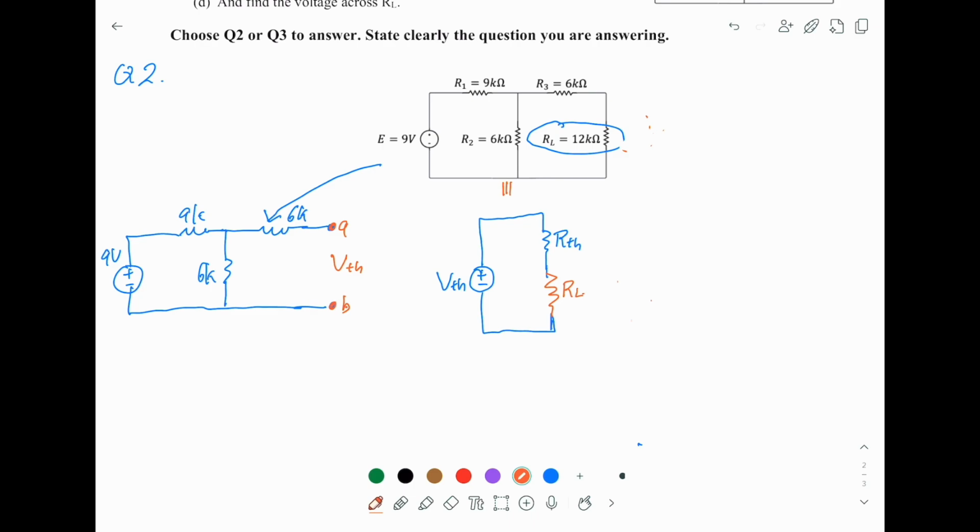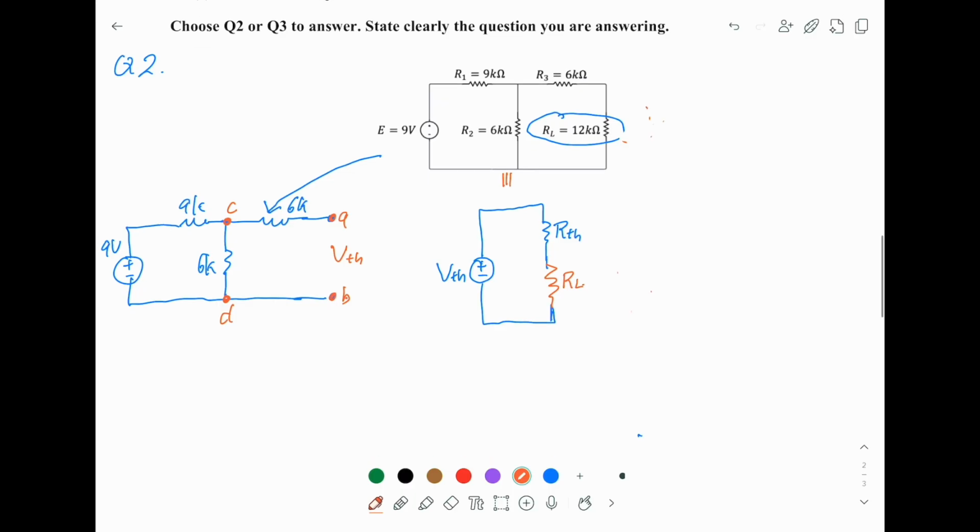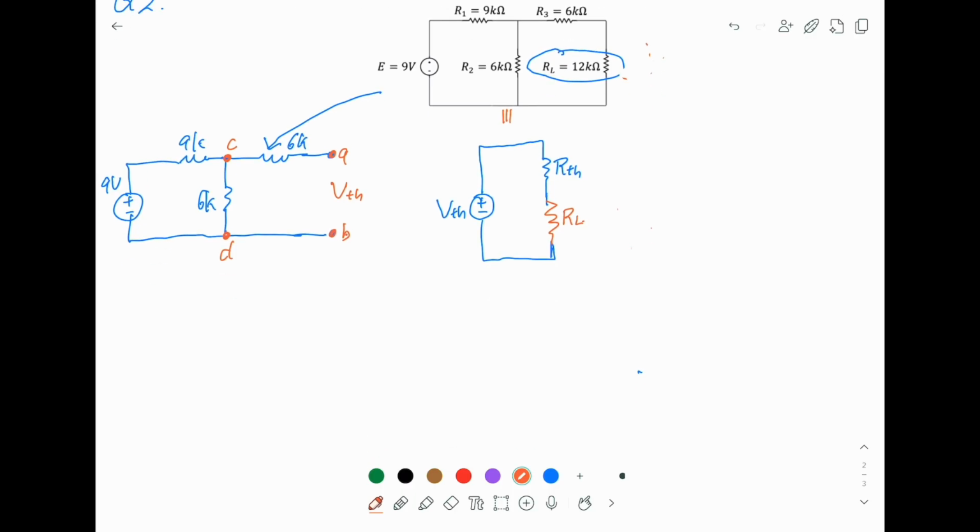Now, if you were in the tutorial, you remember I showed you the voltage across AB is exactly the same as the voltage across CD. It means they are equivalent. So I can redraw this diagram again.